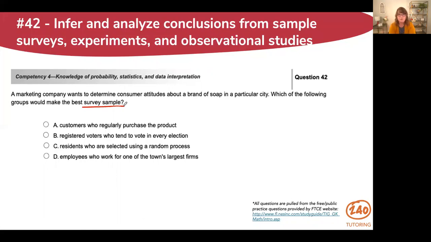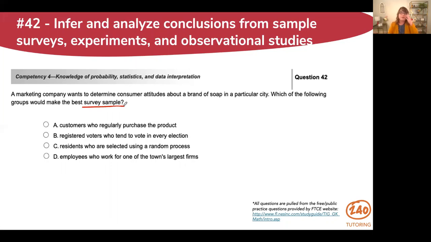So we survey a portion of that population to try to get an idea what the whole population thinks, believes, feels, whatever it may be. We're trying to draw a conclusion about that large population by surveying a sample of it. Now, a sample is a subset of the population. So the population's everybody, right?